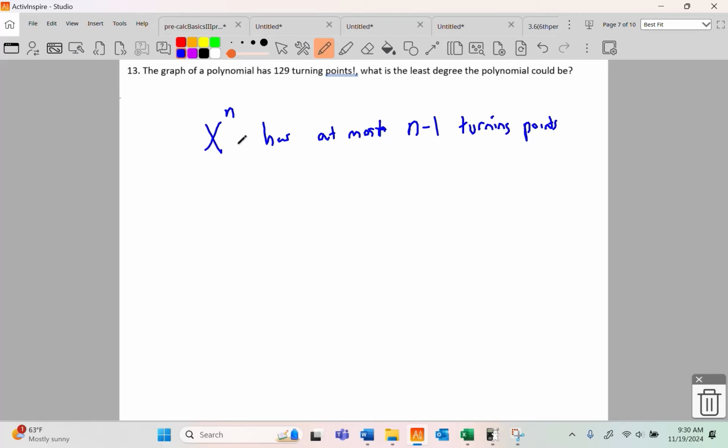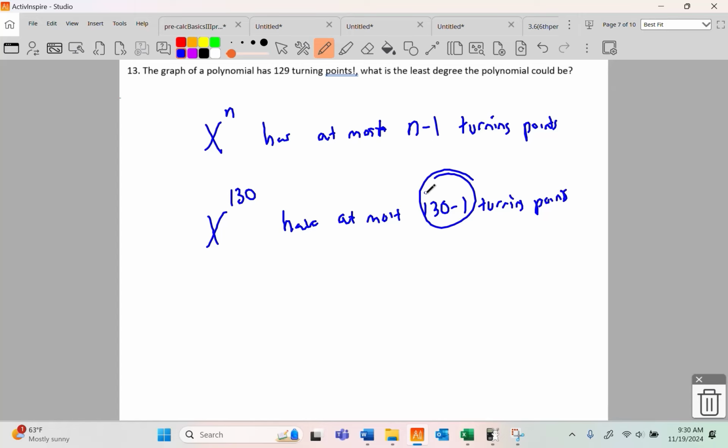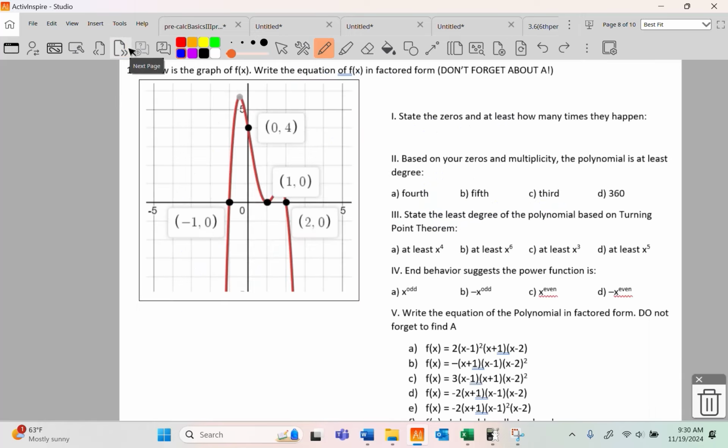Because it's 129 turning points, it has to be x to the 130. X to the 130 would have at most 130 minus 1 turning points. And 130 minus 1 is 129. So x to the 130th power. Easy question, really easy question.